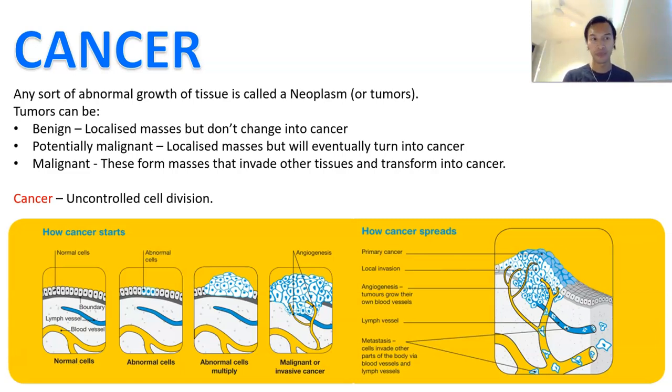They can be benign, where you have localized masses, but they just don't develop into cancer. You can have potentially malignant tumors, where they're localized and they probably will eventually turn into cancer. And then you have malignant tumors, which form masses that are going to invade other areas of the body and they transform into cancer, right?